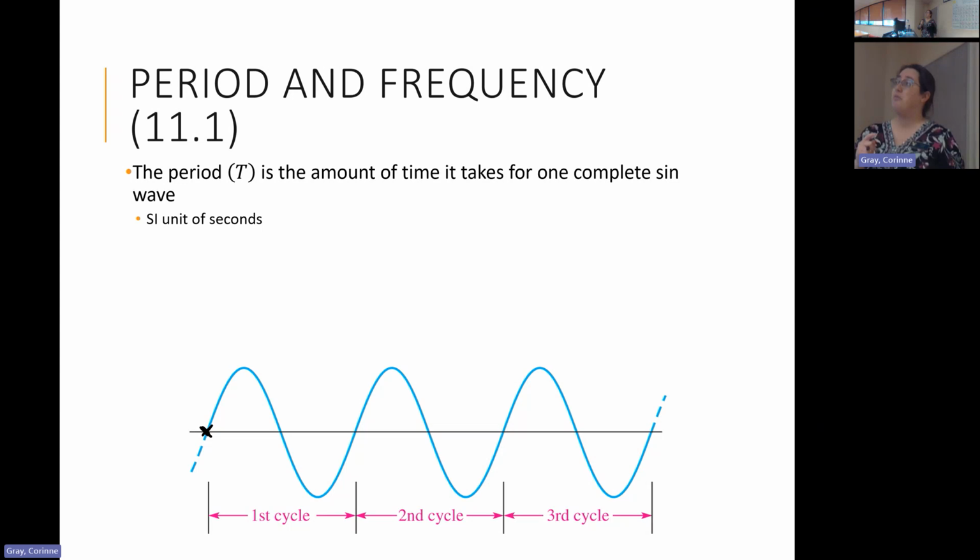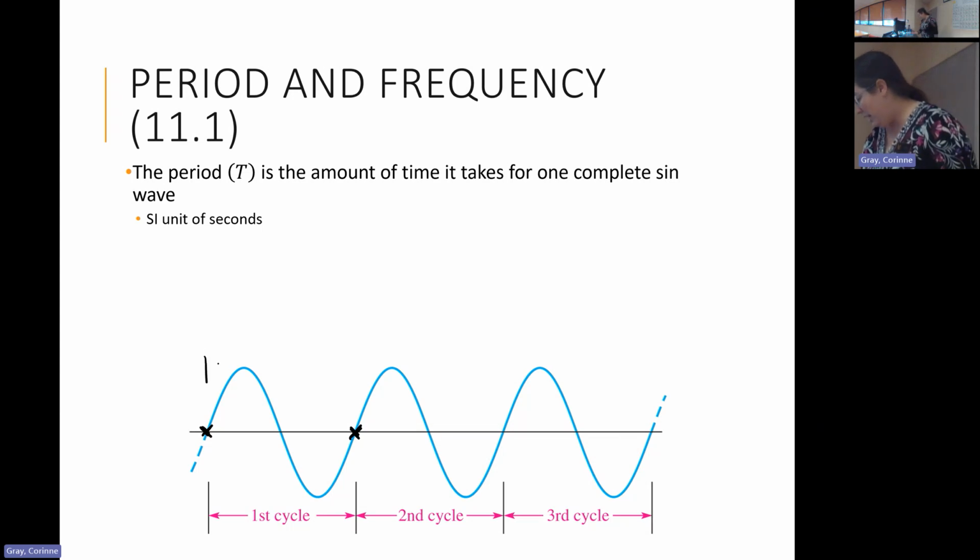We need to do one full sine wave. So we need to go to our positive maximum, to 0, to the negative maximum. And this will be where our cycle starts to repeat. So for one period, it is one complete sine wave that we're going to be dealing with.